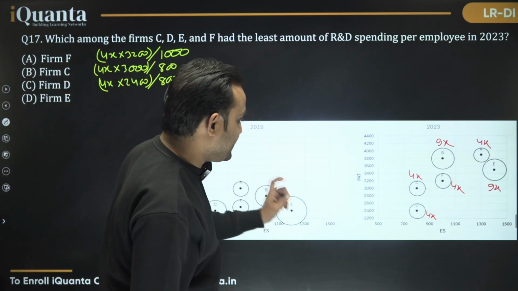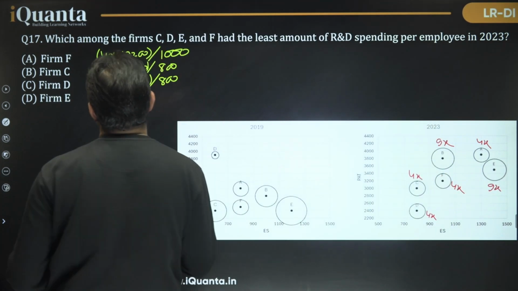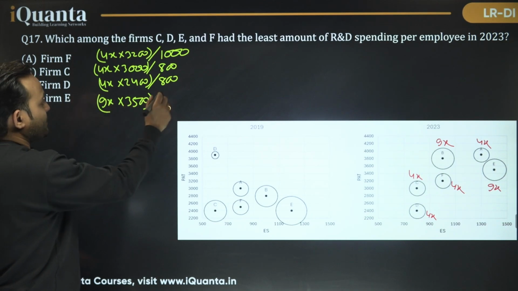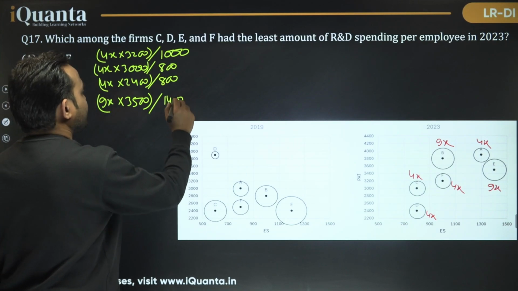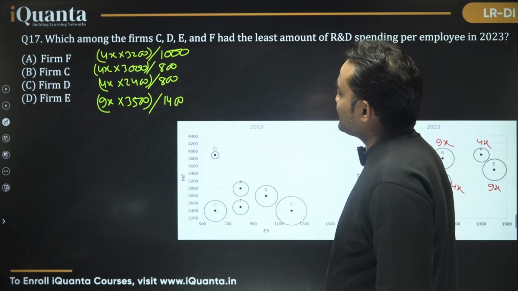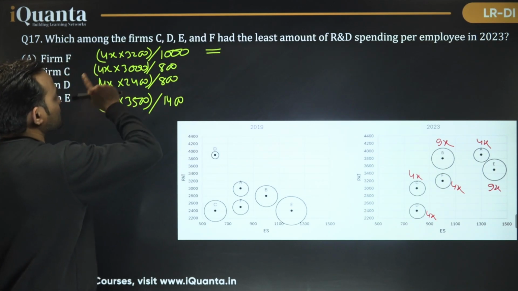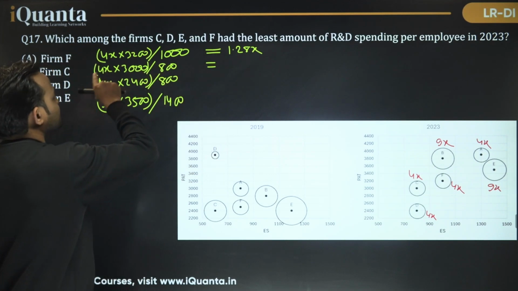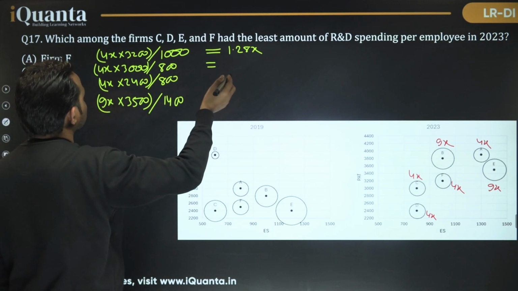In case of E, it's 9x of 3500 divided by the number of employees, which is 1400. Now we need to find which of these amounts is the least. So how do we calculate that? Let's check it. This value is 12,800, so 1.28x, right? This value is 12,000 by 800, right?